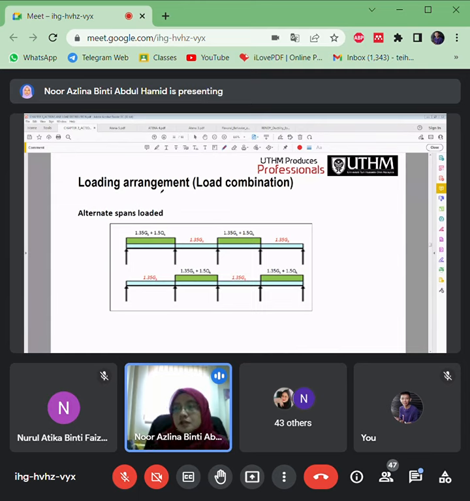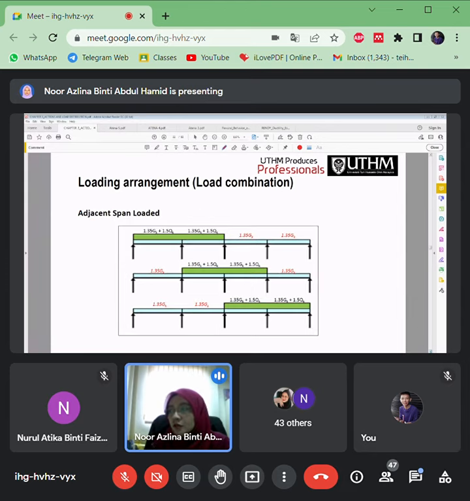This is the load arrangement for load set 1 with alternates. It begins with maximum, minimum, maximum and continues, or starts with minimum then maximum, minimum. These are the two patterns of load arrangement we can estimate in terms of alternate spans loaded.